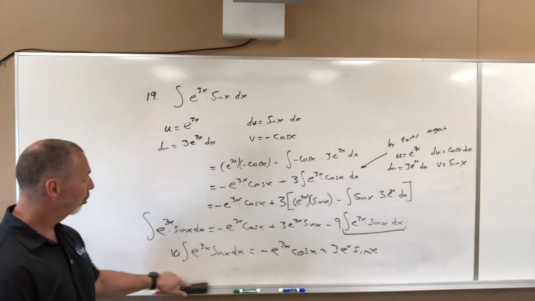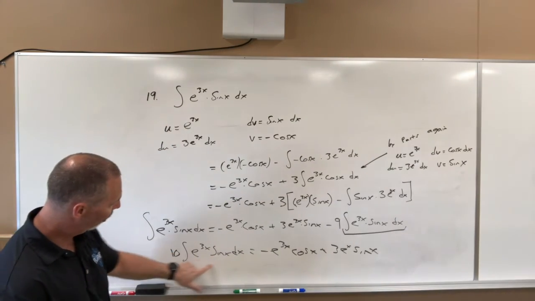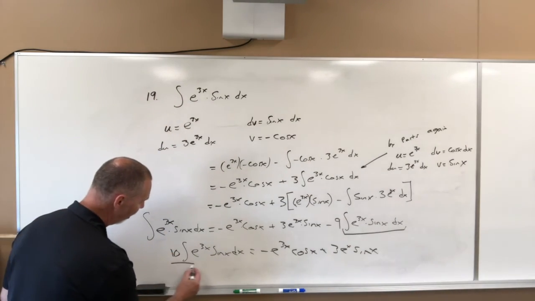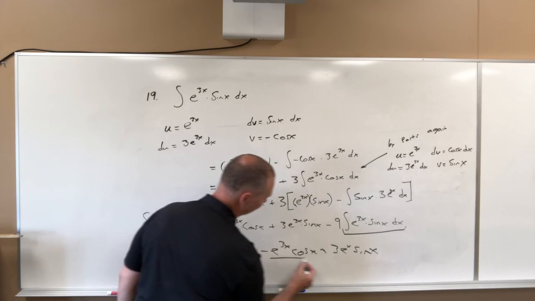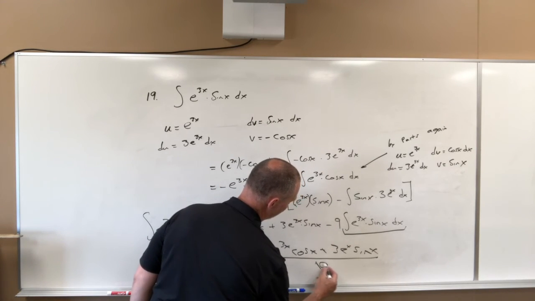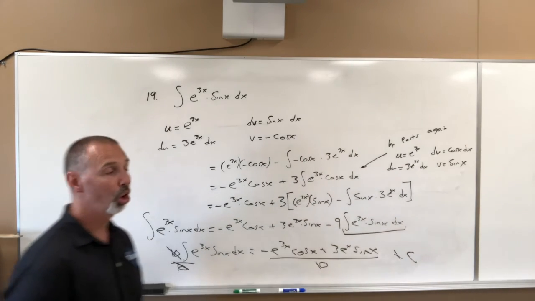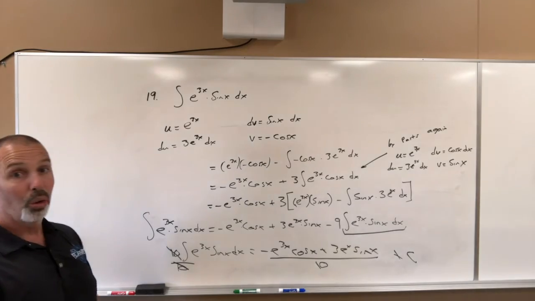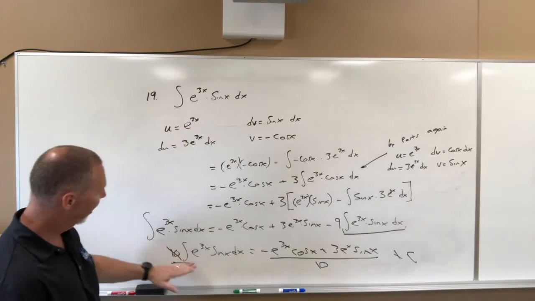All right, and so now to solve for what our question was, we're simply going to divide both sides by 10. That will cancel out, and we'll divide all of this by 10, add a C, and we're all done. Okay, so that's it, because the question was find the integral of e to the 3x sine x, and that's what I have here.